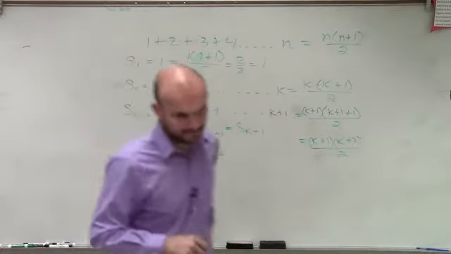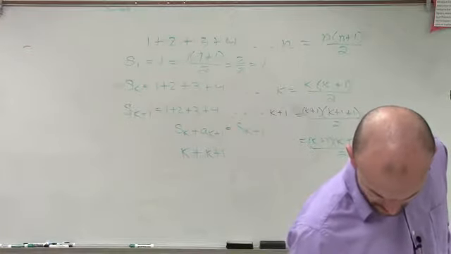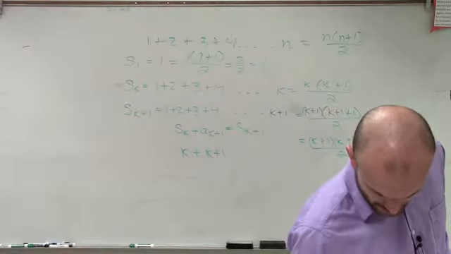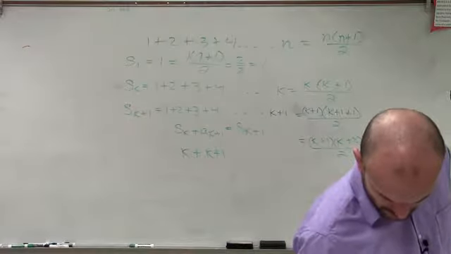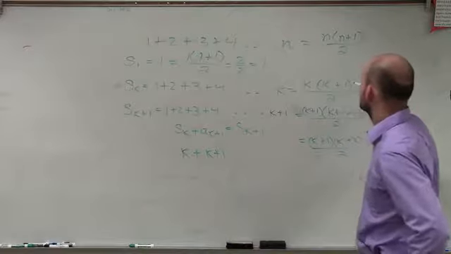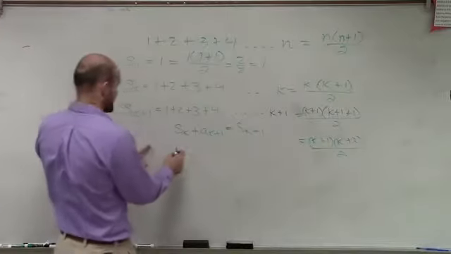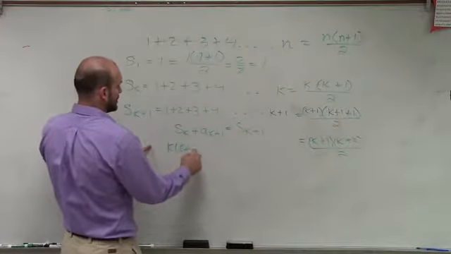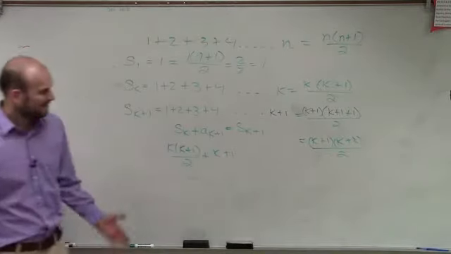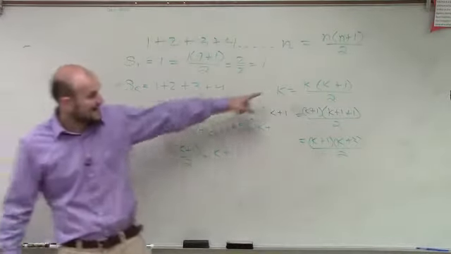Oh, wait, no, I'm sorry. What did I write? S of k is not that. S of k is k times k plus 1, divided by 2. My bad. Plus k plus 1. Sorry, I was thinking, how am I going to get my fraction? All right, so therefore we have this. You guys understand? S of k is right here.